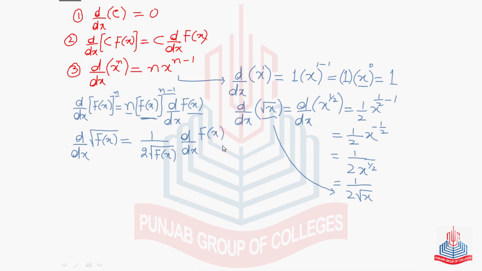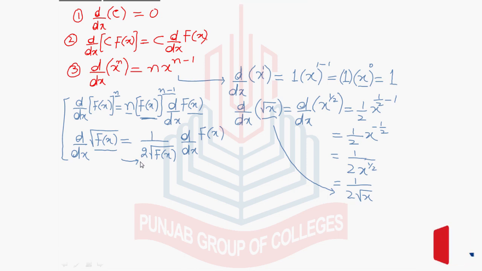So these two are generalized results of the power rule actually, but they are very commonly used: a function containing power n and a function containing power 1 by 2, or you can say under root f(x). Without using some steps of the power rule, we directly move to this step, 1 by 2 under root f(x) and then the derivative of f(x). So this one is the explanation of the power rule.